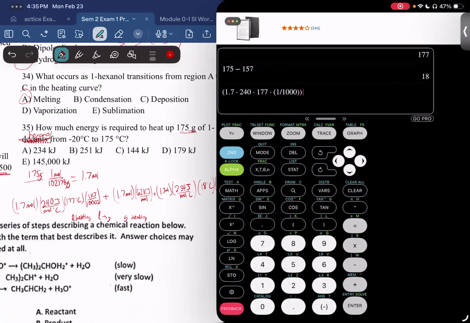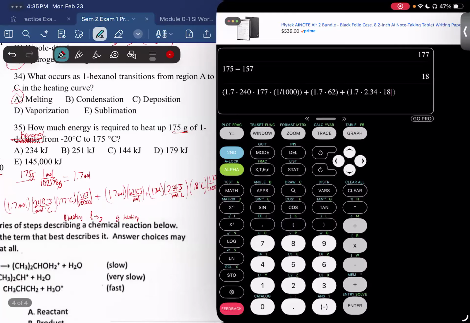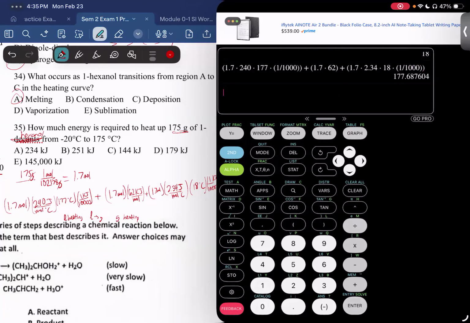That's our first one, plus 1.7 times 62. That's our second one, plus 1.7 times 2.34 times 18 times 1 divided by 1,000. And that should be the answer.